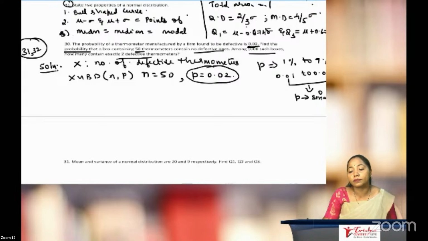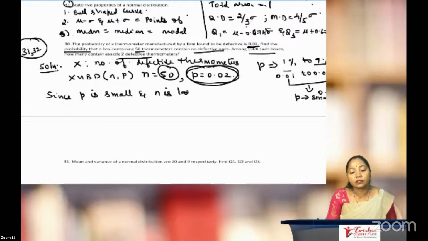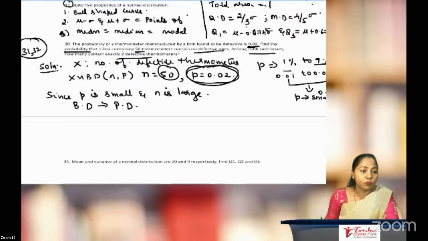Check the p-value first. Then we check our n value and we say, since p is small and n is large, binomial tends to Poisson distribution.